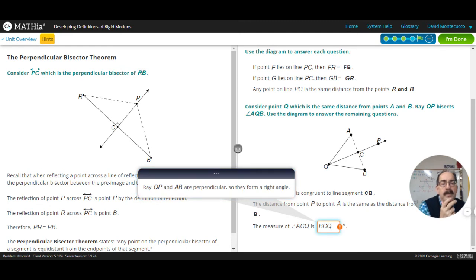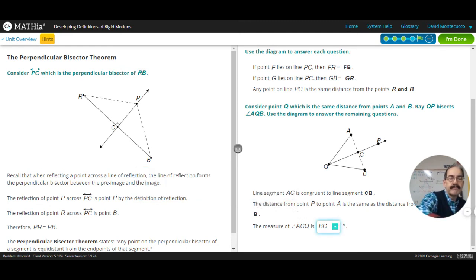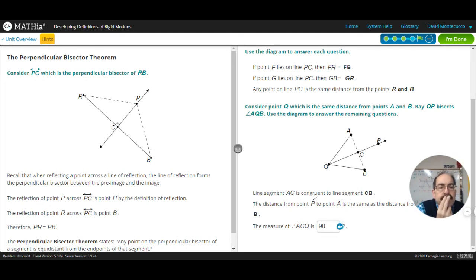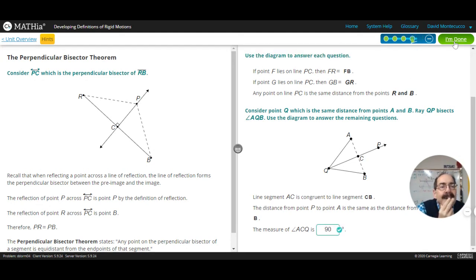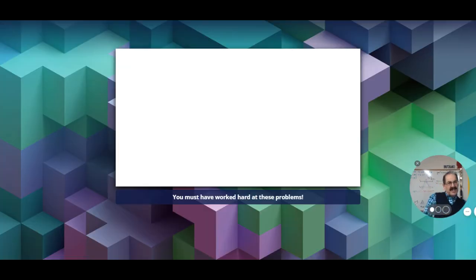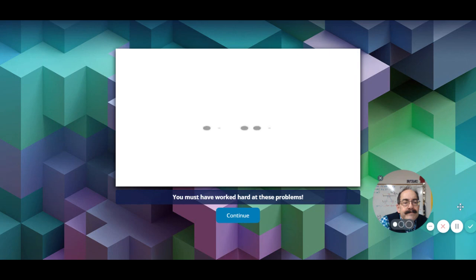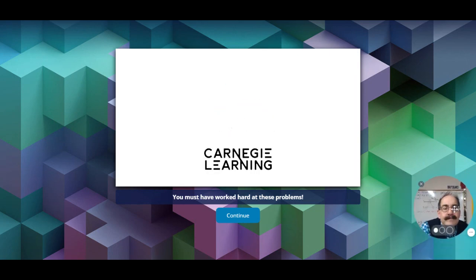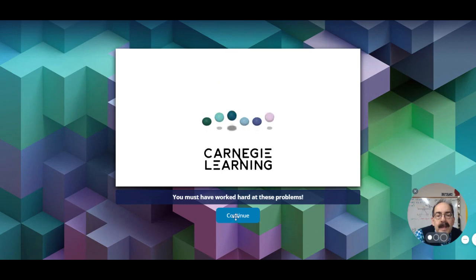Oh, the measure, actual degrees. My bad. 90 degrees. Hey. Okay, so because we haven't been in class, that's a little harder to visualize, isn't it? All right. Let's see where that gets us to.